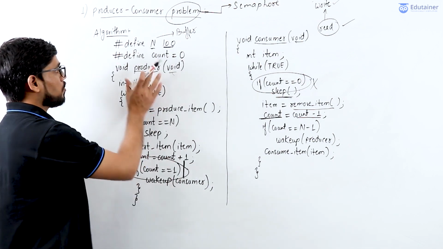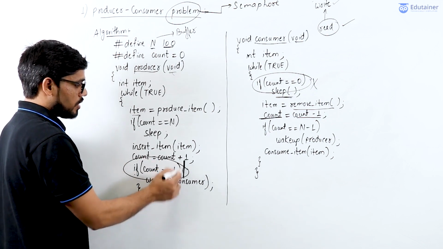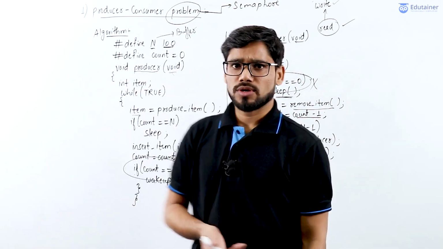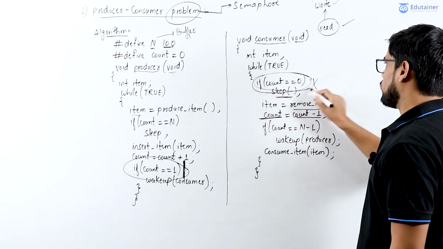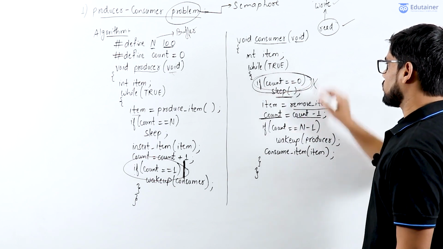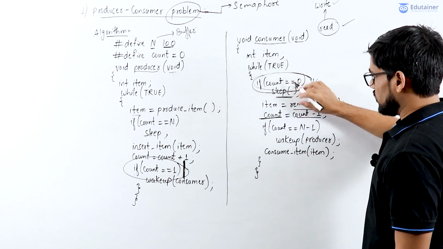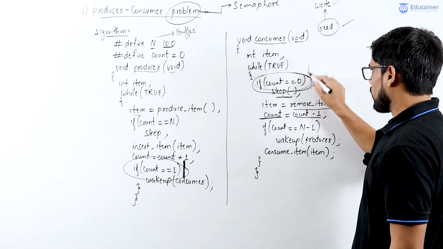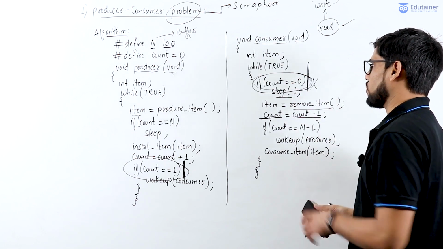The process that has the responsibility to wake up the consumer is halted at that place, so it will not wake up the consumer. And similarly here, if count is equal to 0 at that place, the consumer does not sleep, because it halts at the condition check itself.